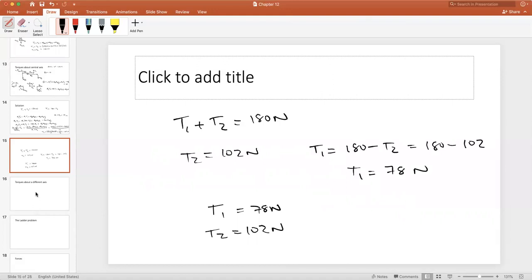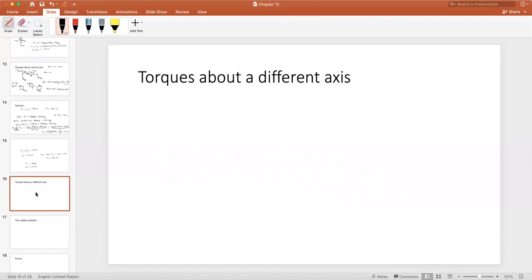As before, let's go about a different axis. And here, I'm going to choose to put the axis of rotation at where wire number 2 was. So let's remember this. There was a tension T2 right here. 2 meters away, we had mass B. And then 4 meters away, we had the center of mass of the bar, right?